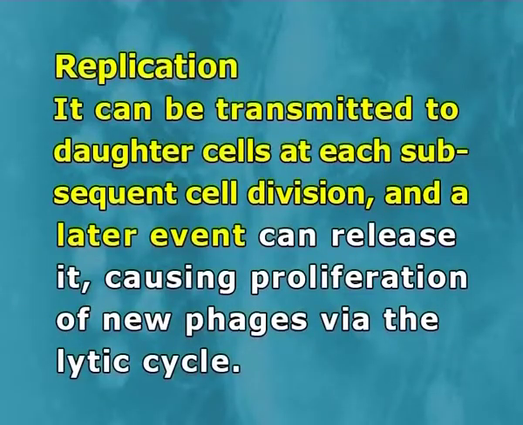It can be transmitted to daughter cells at each subsequent cell division, and a later event can release it, causing proliferation of new phages via the lytic cycle.